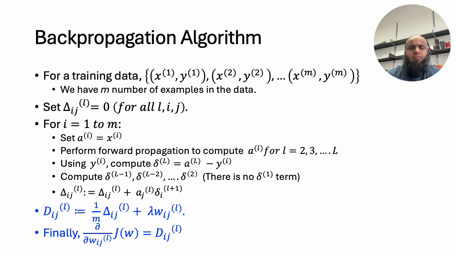And finally we scale this gradient matrix to get the matrix D, and the matrix D will give us the partial derivatives of the cost function J with respect to our weights w. So this is how we compute the partial derivatives.